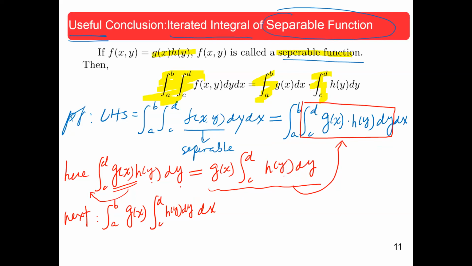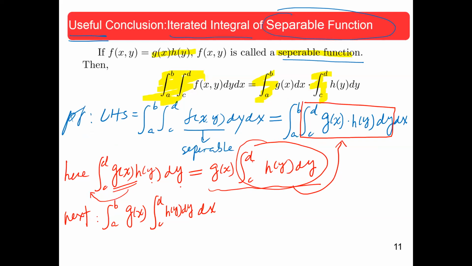Keep in mind, when you are doing this part, integral c to d, h of y, dy, what we're doing is finding an antiderivative of h of y, and then evaluating at d and c for the y's. So for this part, it no longer has any y's.